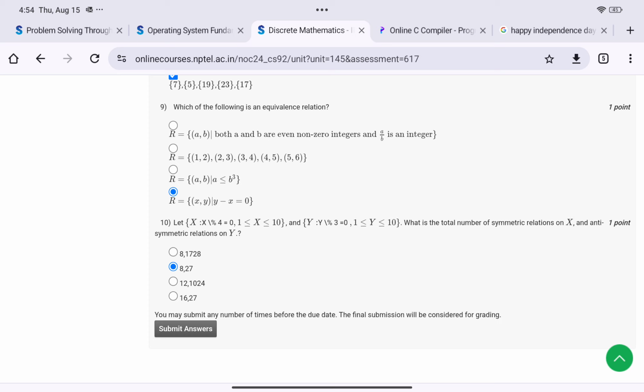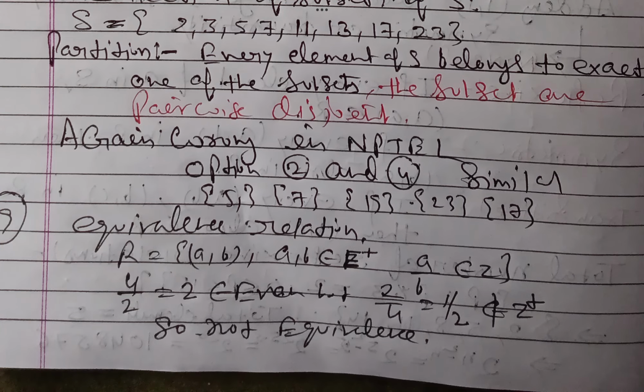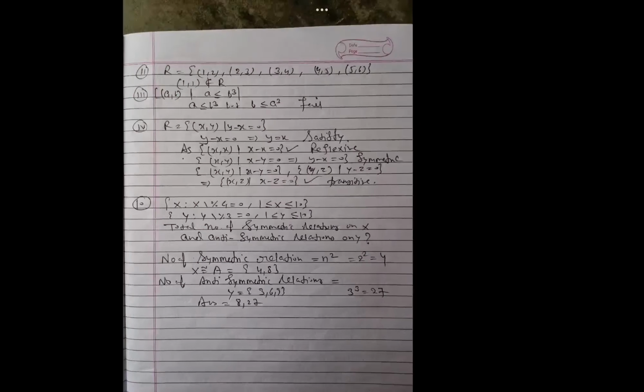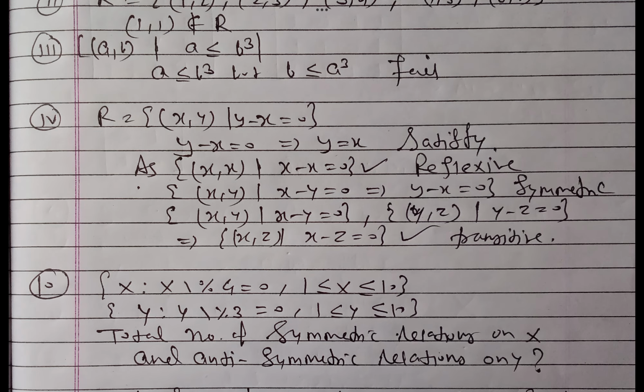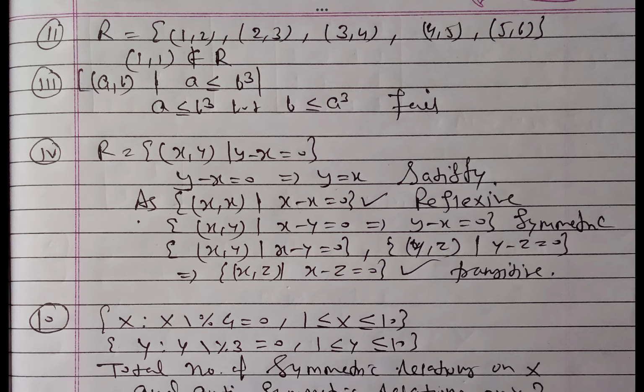A is less than B but B is not less than A. Incorrect. But option 4 is correct in every case. We will also send the solutions. The solutions are here; you can see why the second is wrong, why the third is wrong, and why the fourth is correct in every case.